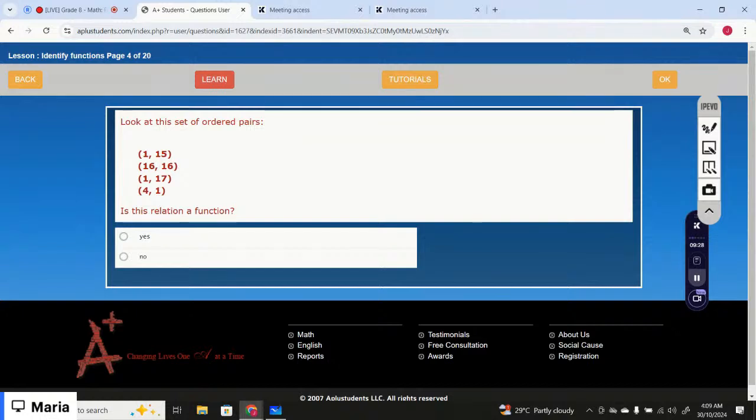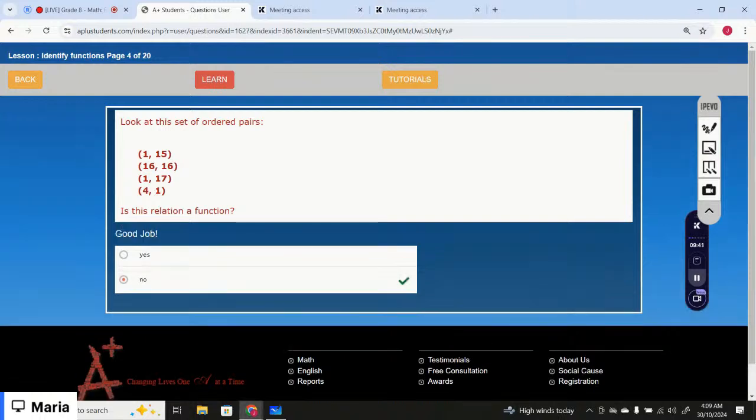The correct option is no. You can see each x value maps to two different y values, right? One x value. Here you have 1 to 15 and 1 to 17. So the correct option is that it isn't a function.